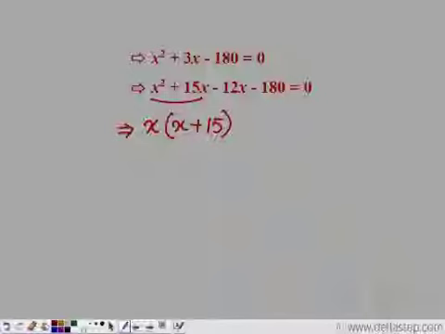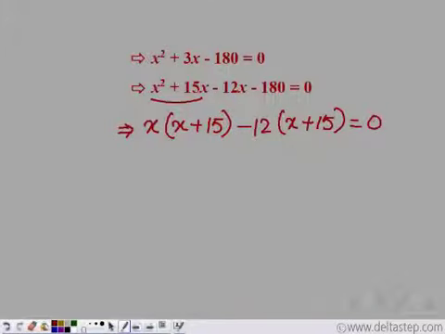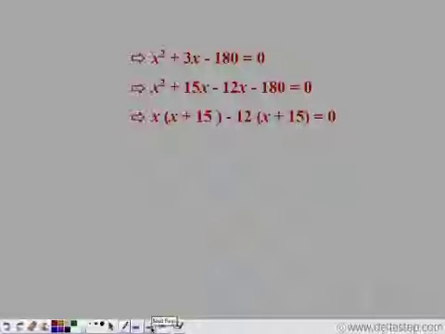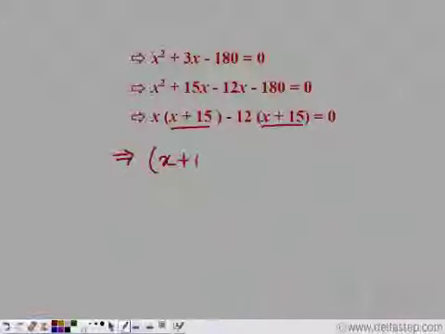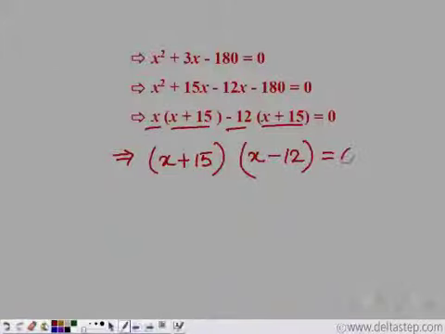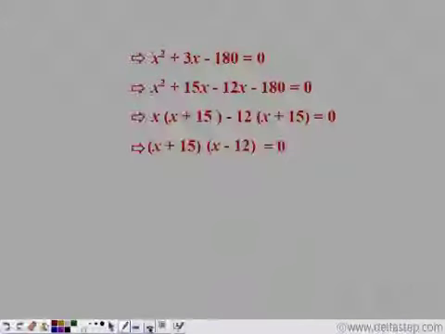From these two terms, we can take negative 12 common. So take negative 12 into x plus 15 equal to 0. Now x plus 15 is common to both the terms. So once again, take x plus 15 common. And we are left with x minus 12 equal to 0. So we have x plus 15 into x minus 12 equal to 0.